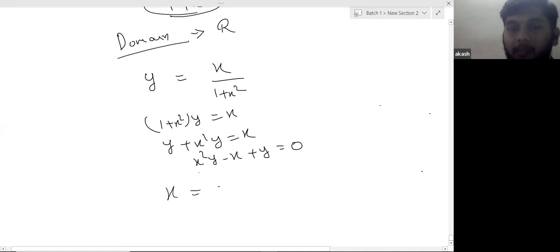So x equals minus b, that is plus 1, plus minus square root of b square, 1, minus 4ac. a and c are y and y, so y square, upon 2a, so 2y. Is this clear?